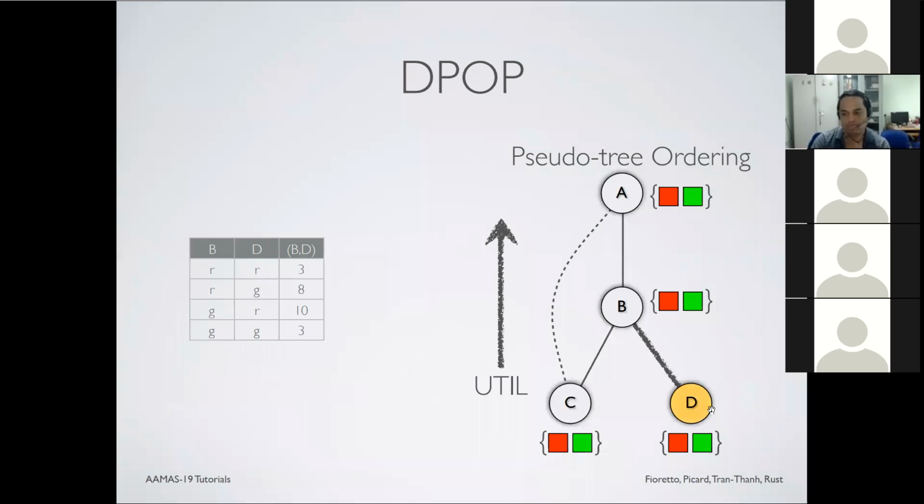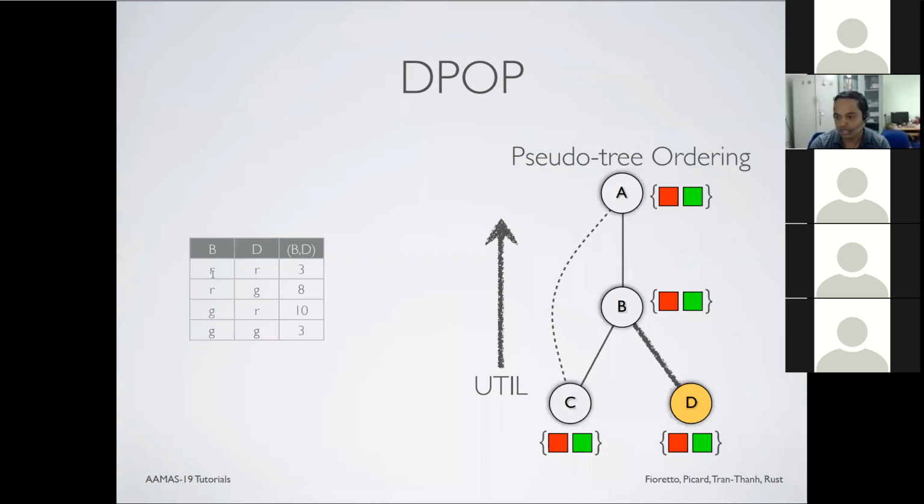Starting from D, the values will be starting from B. So keeping B as red, what are the possible values D can take?